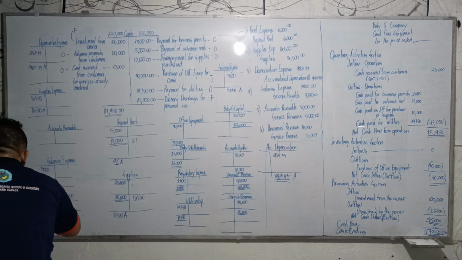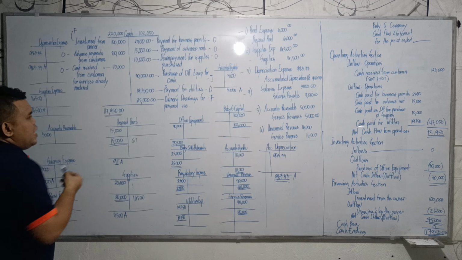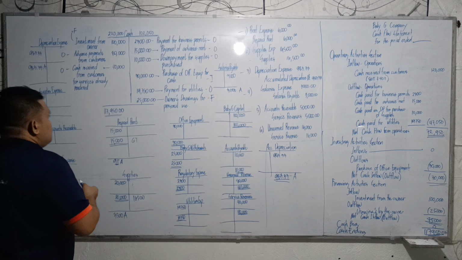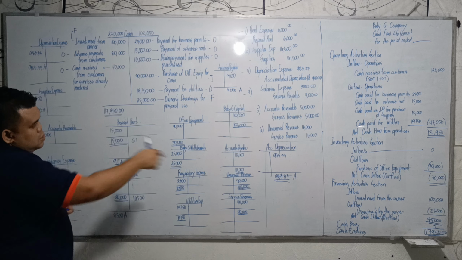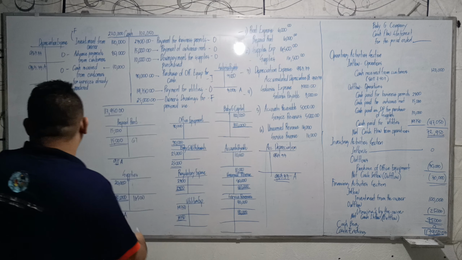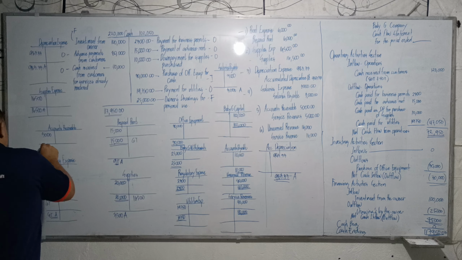So number 5 talks about debiting accounts receivable. So we have our accounts receivable here. So that's 5,000. And then we have service revenues, 5,000. But since there is only one adjustment related to accounts receivable, let's total this immediately.